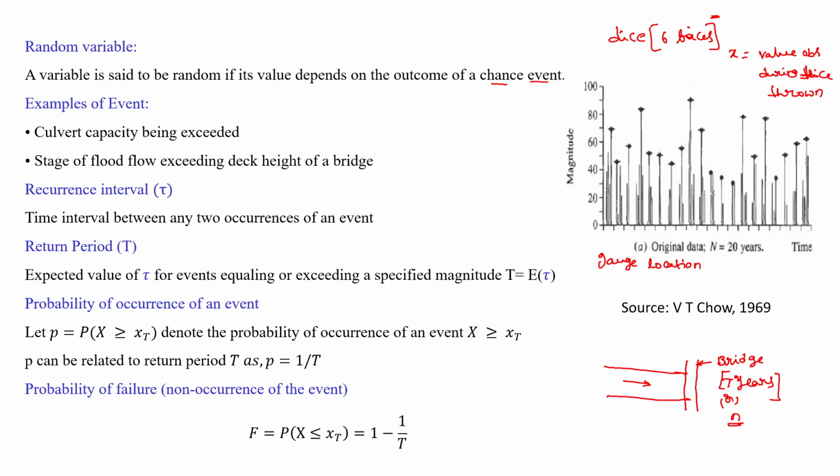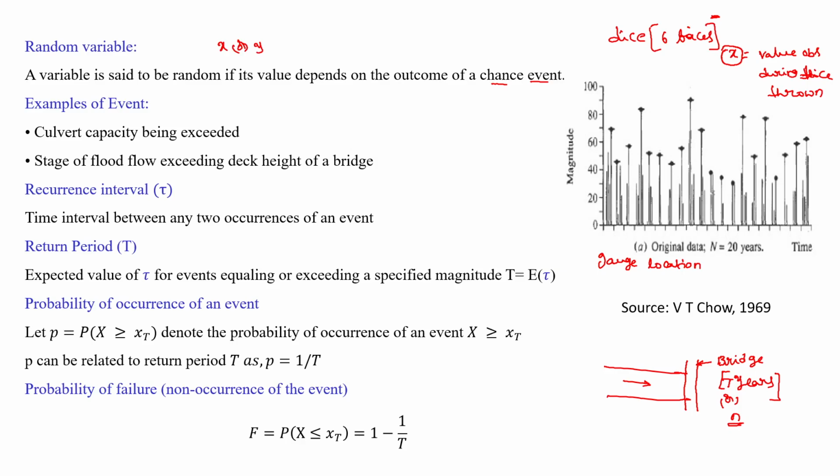When you throw the dice once, you may get one. Next time you may get two. Like that you can get a different value for each experiment, for each event. This kind of outcome we denote with a variable, and that variable is called a random variable. Typically we can use x or y, any symbol, to denote the random variable.